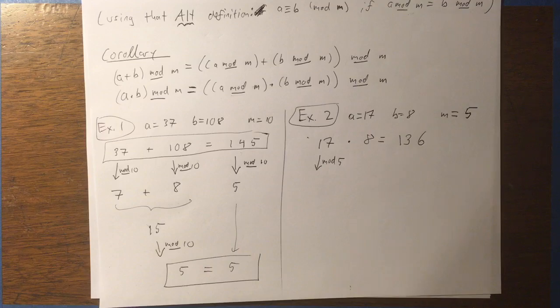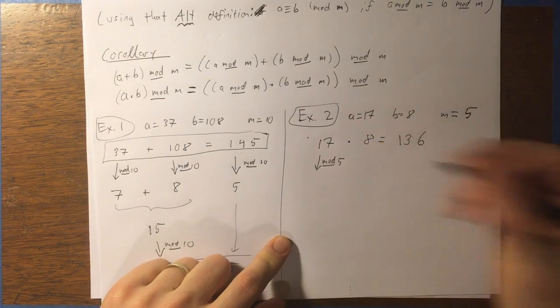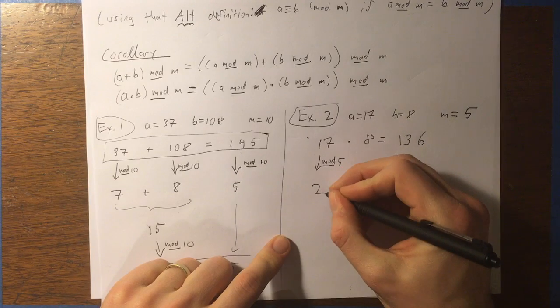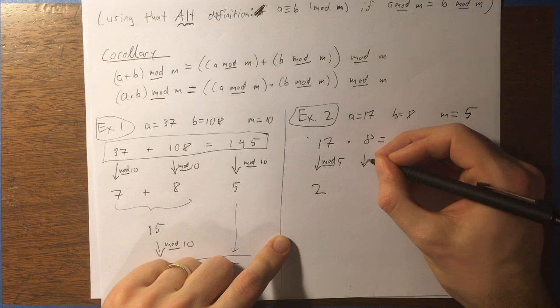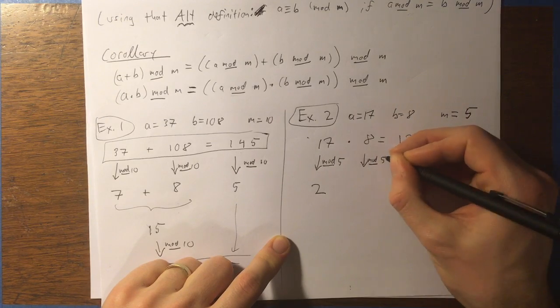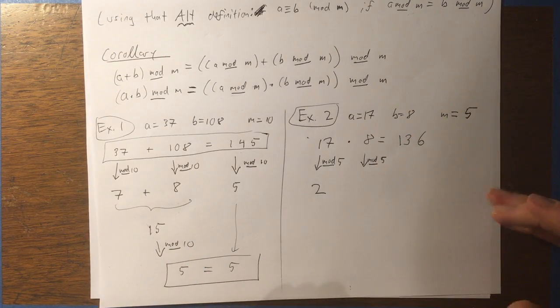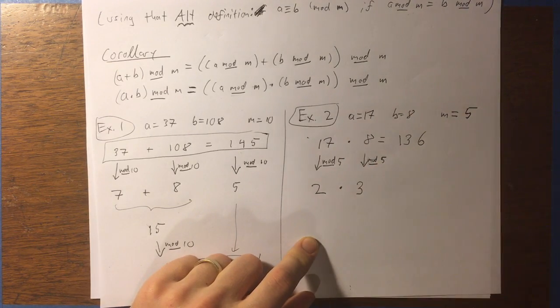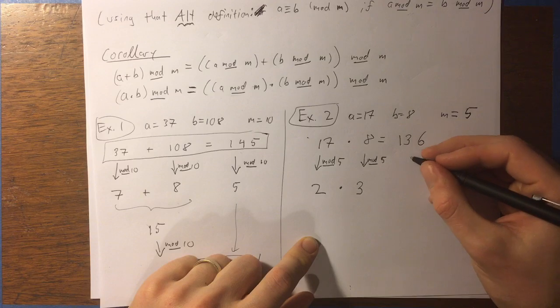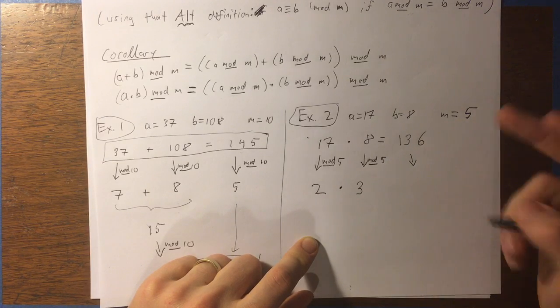What's 17 mod 5? Well, it's 15 plus 2, right? So reduced modulo 5, 17 is going to give us 2. What is 8 reduced modulo 5? 8 mod 5 is 3, right? So on the left we have 2 times 3. 136 modulo 5, what's that going to be?